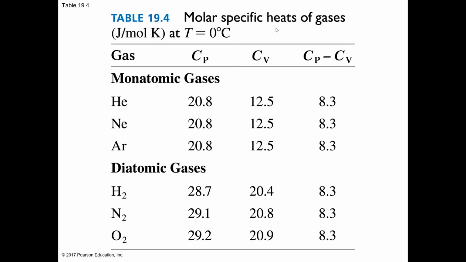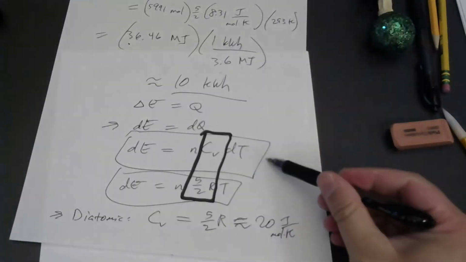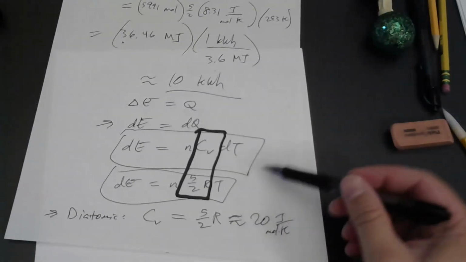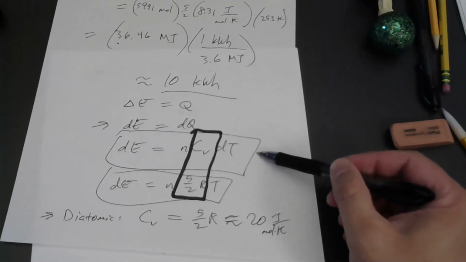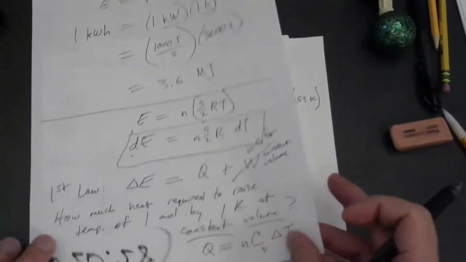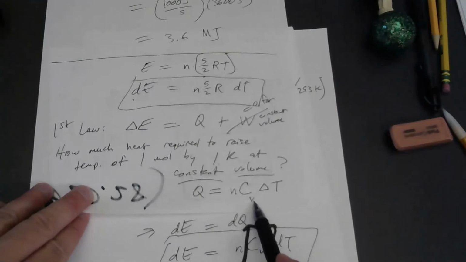I'm going to go back to the notes. These two equations came from different places. This one came from really two steps. We started with the definition of constant volume heat capacity.